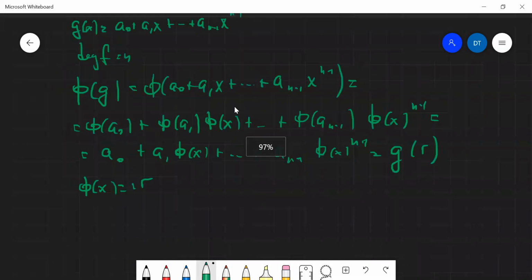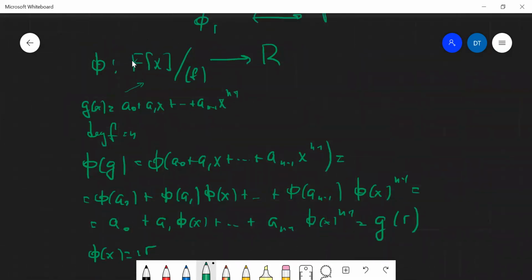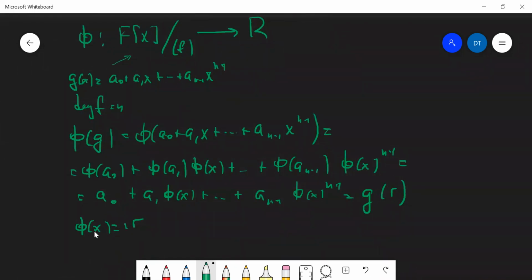So if you have a homomorphism from this ring to any other ring, obeying the rules above, then it must take any element g of this ring to g of r, where r is an image of x.